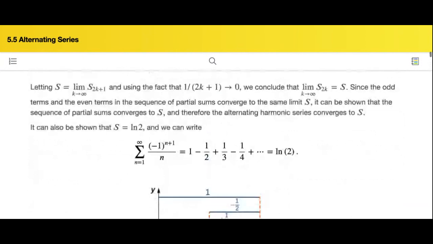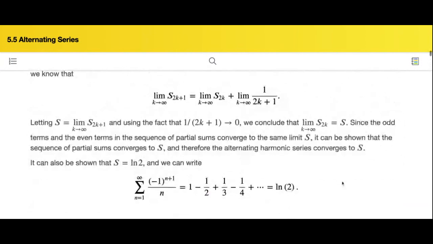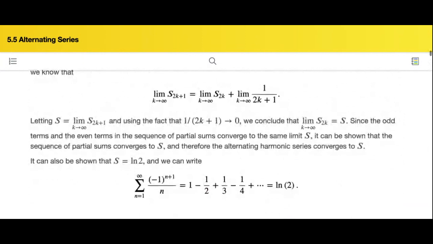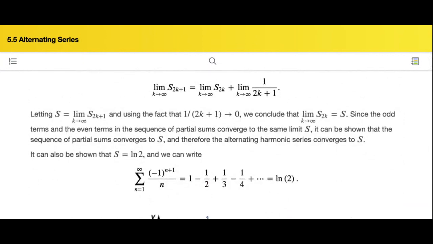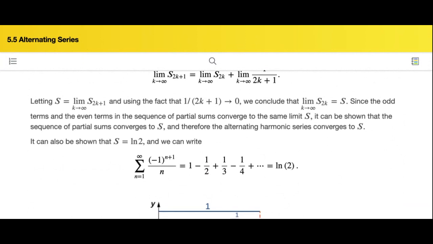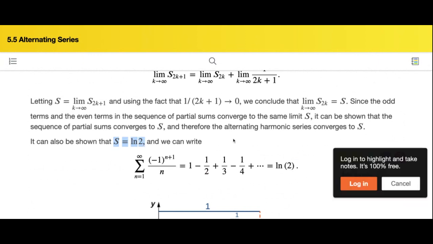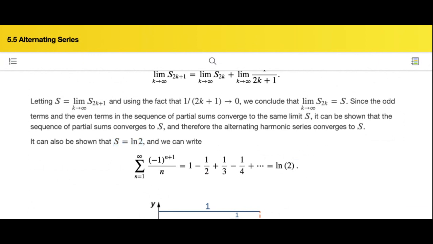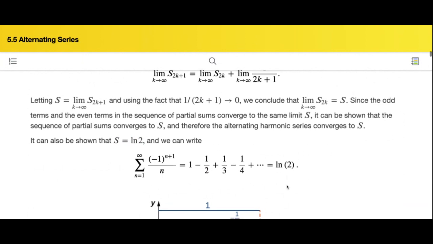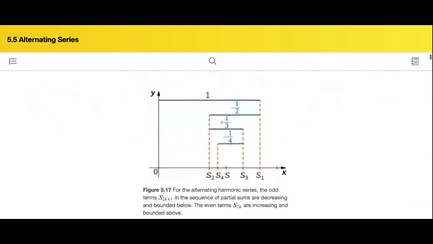Okay, this doesn't prove it converges to ln 2, but for now, let's just remember that, okay? So the harmonic series diverges, but the alternating harmonic series converges to ln 2, the natural log of 2. So this basically shows the picture of it.